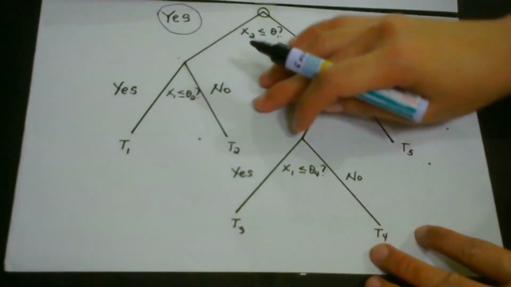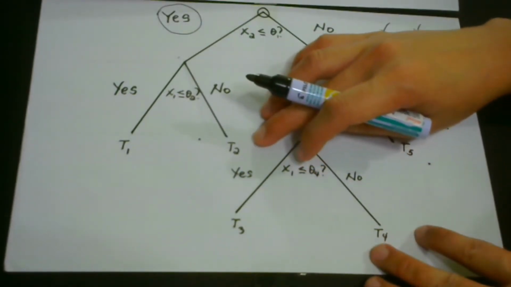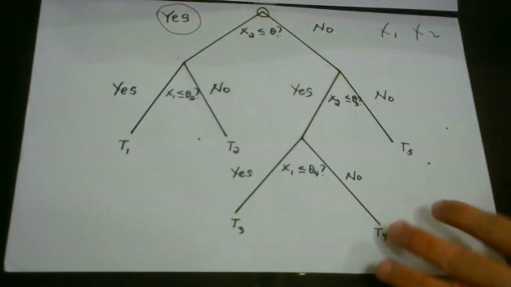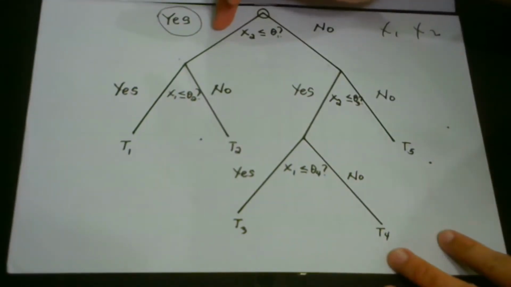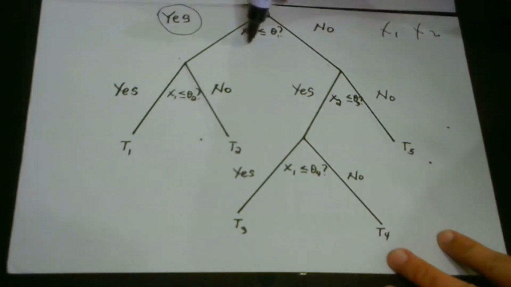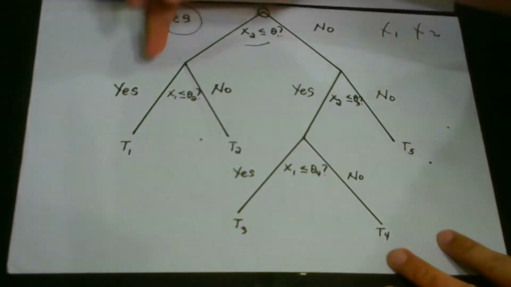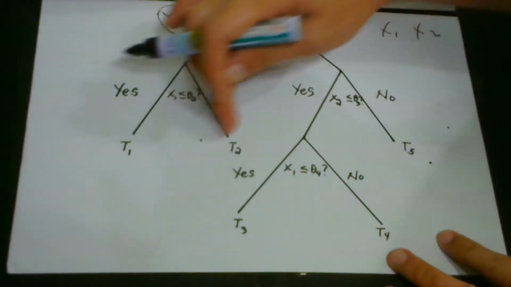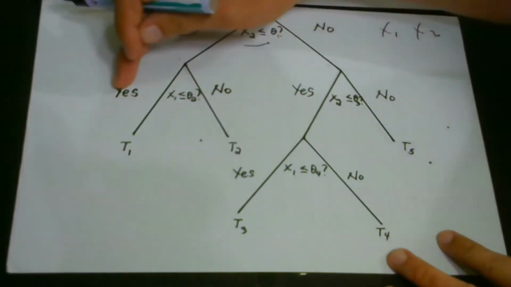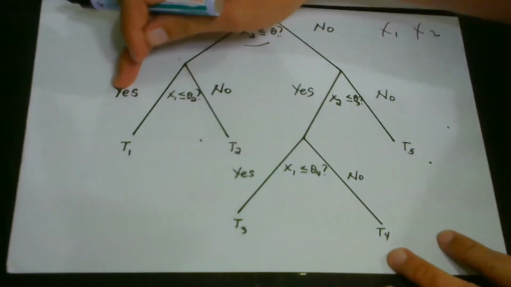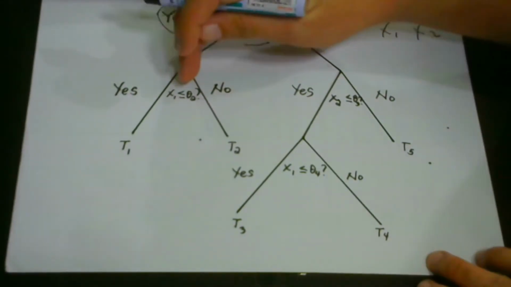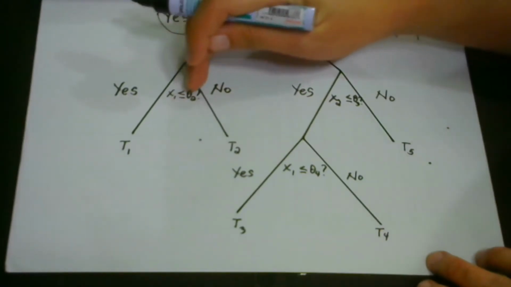Then again here, as you could see, we have two options. Is it yes or is it no? Of course, the first situation here is: does it comply with the condition? The answer is yes. And because we are already in this stage of our tree, we have another decision to be made. The condition is this: is x1 less than or greater than theta 2?